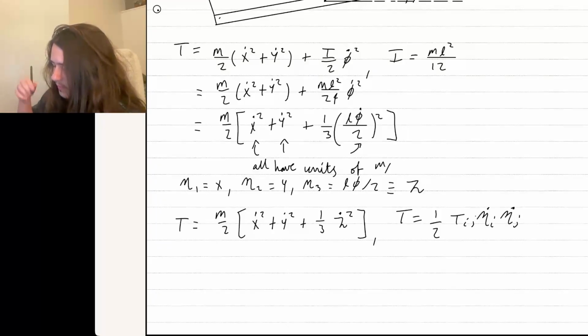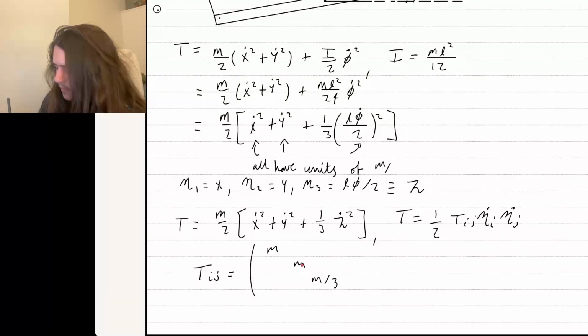So we could very simply set up the matrix to be m, m, and m over 3 for x, y, and z. And then everything else is 0. Like I said, no cross terms in there.